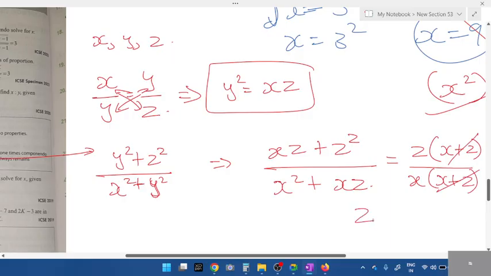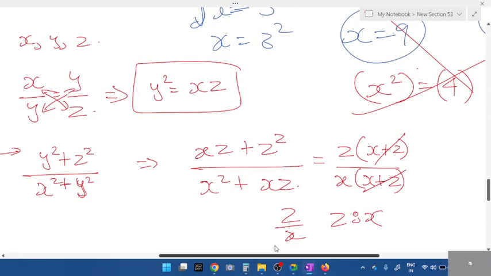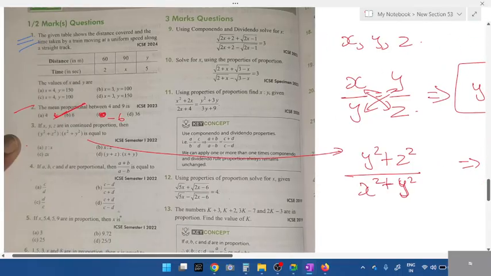What's the answer? Z by x or z is to x. Let's see what question is given, what options are given. What's the answer? A or C? A or B? Z is to x. Then A is the answer. Is it clear? Continued proportion.